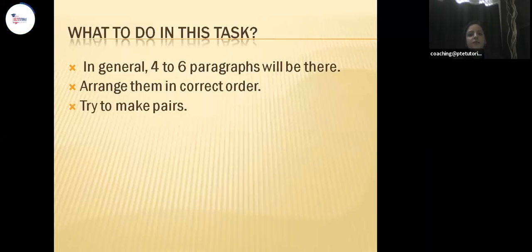Another thing is, we are not supposed to make the sentences only in correct order. Side by side, the PTE Academic software gives us the score by counting the number of correct pairs. Making pairs is really very important, because suppose I have chosen 1, 2, 3, 4, 5, but in the exam the answer was 1, 2, 4, 3, 5.